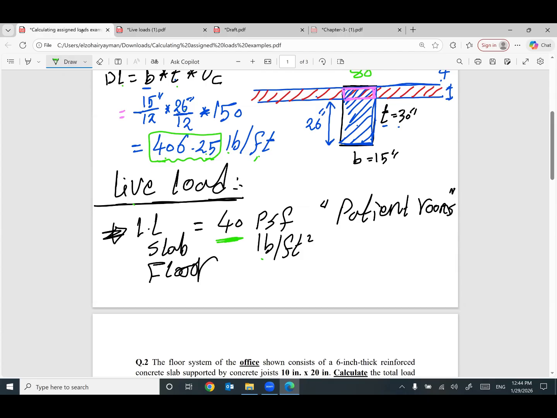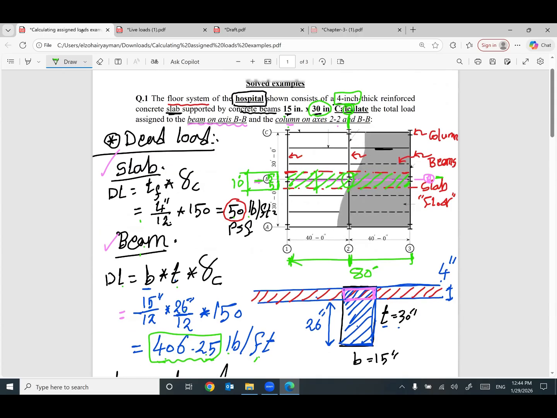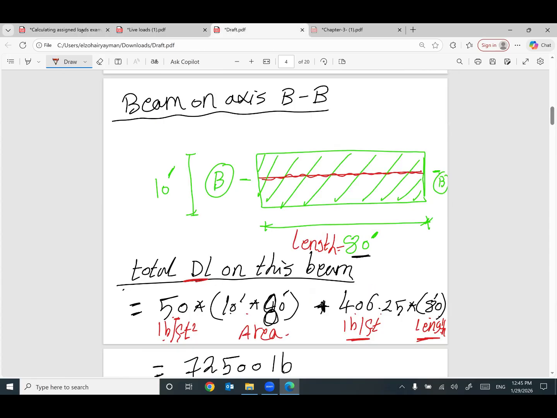Once you get these values, let's start to focus on what exactly is required: the beam on axis BB. Based on the sketch, I will draw my center line and hatch the area assigned to this beam. This area looks like 10 feet width and 80 feet length, and the 80 feet is the total length of your beam.